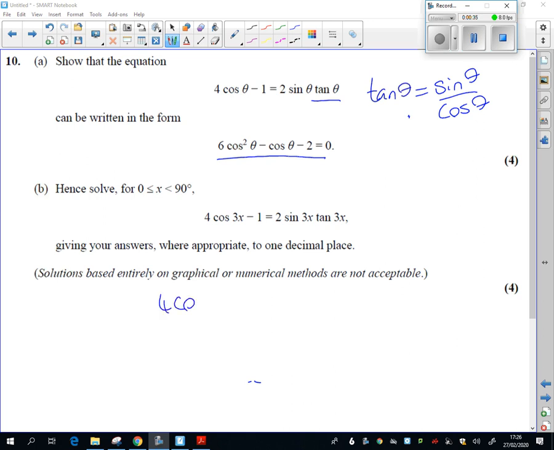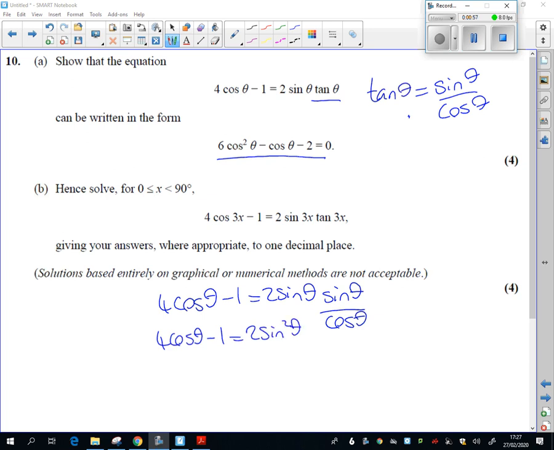So 4 cos theta minus 1 equals 2 sine theta, and I'm going to substitute tan theta for sine theta over cos theta. Okay, so then I'm going to think about tidying that up. So 4 cos theta minus 1, so I can say that sine theta times sine theta is sine squared theta.